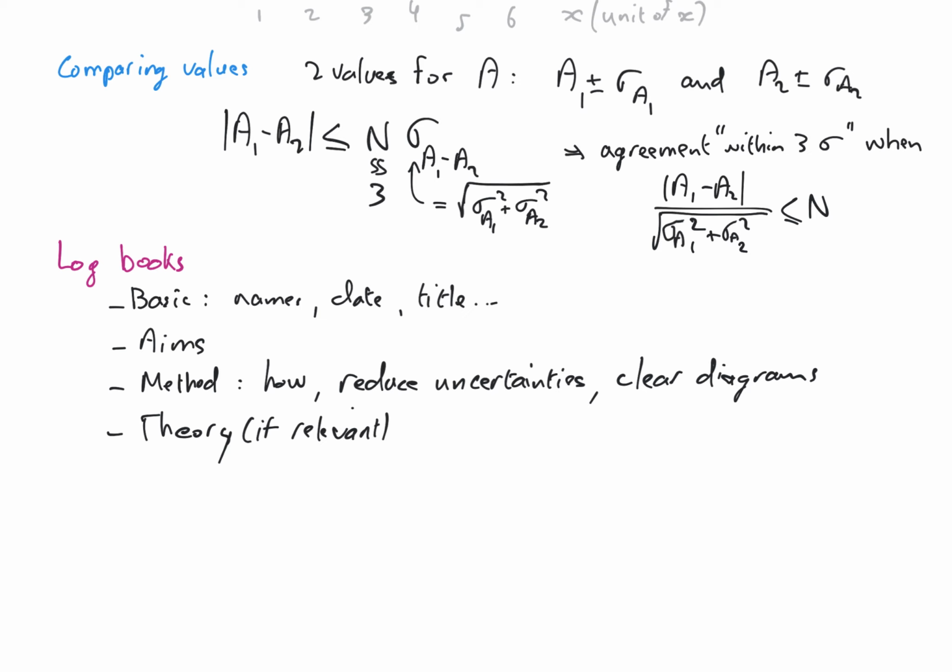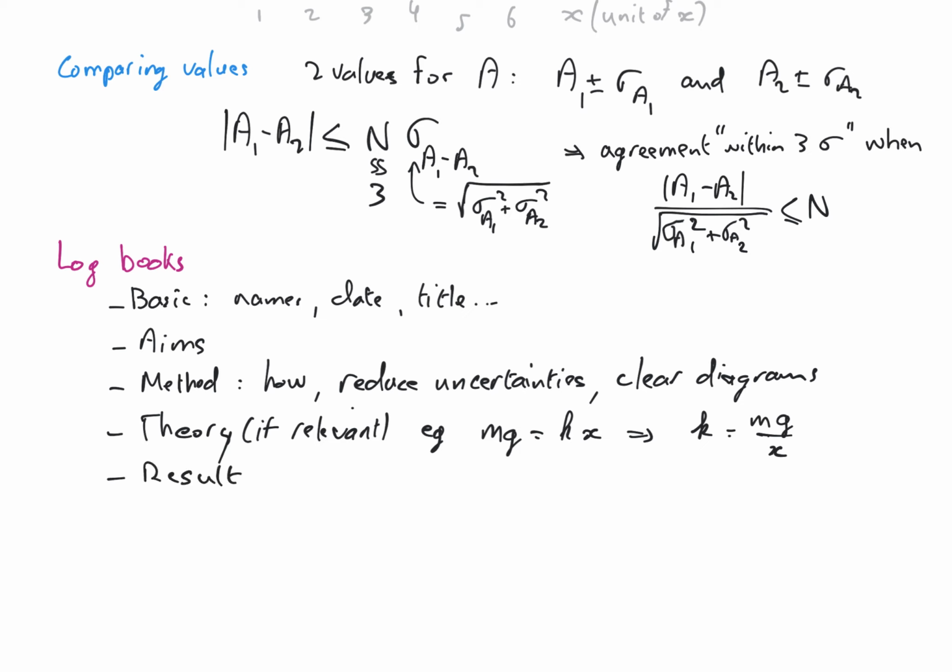However, if you are rearranging the equation in such a way that it will be easier for you to extract the relevant quantity, for instance, the spring constant in this lab, you need to do some massaging of the equation and some derivation which you need to put in the logbook as well. And of course, you need to give the results. You need a clear presentation of the results.